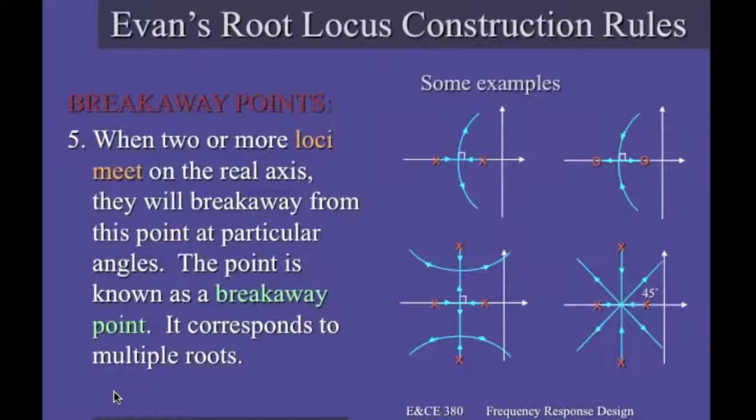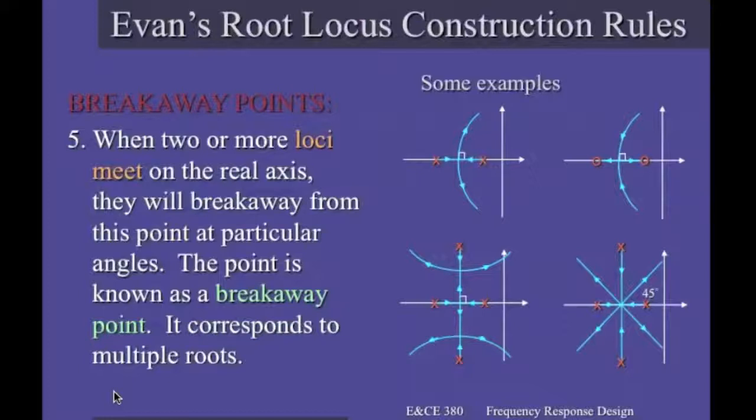Those trajectories are obliged to remain on the real axis because that segment is part of the root locus according to rule number 3. So when increasing k, the closed loop poles move toward each other until they hit each other. The intersection or conflict point is referred to as the breakaway point.